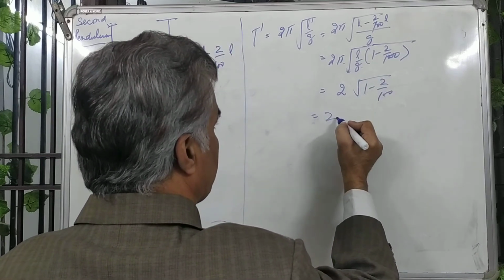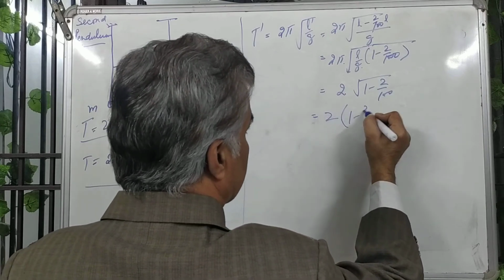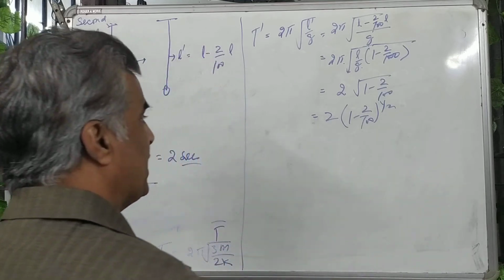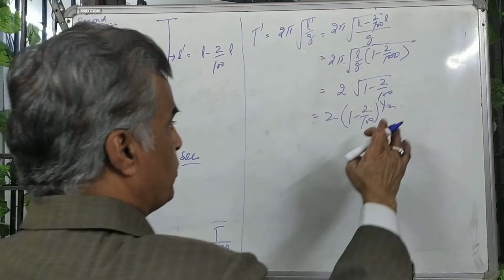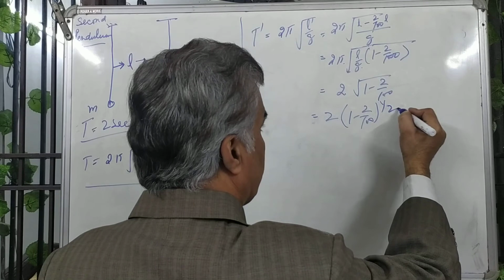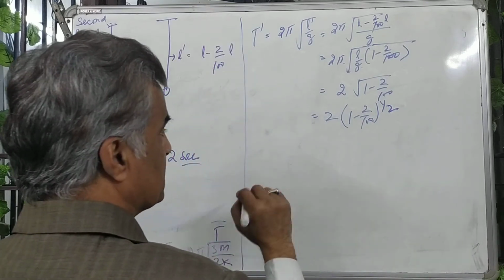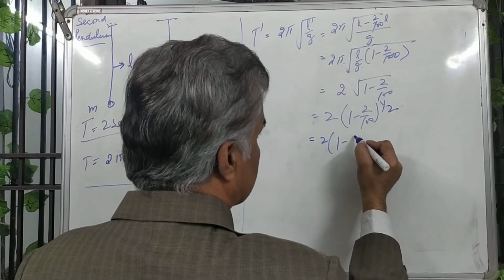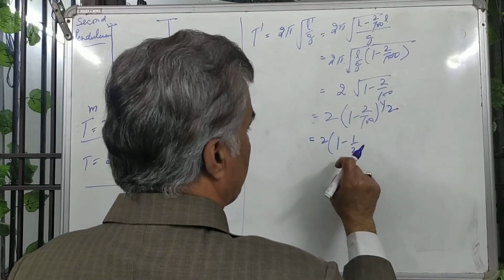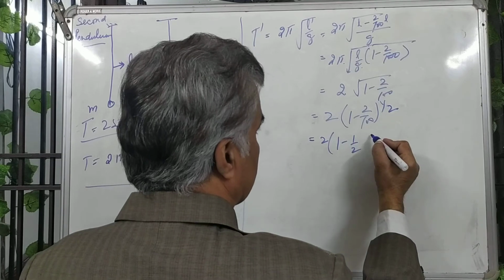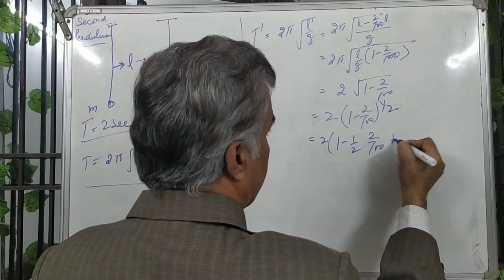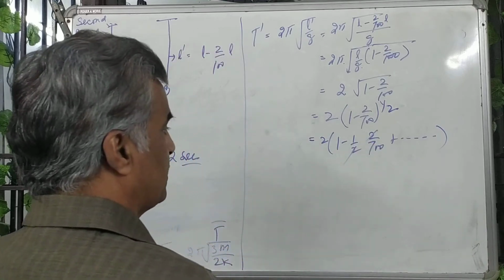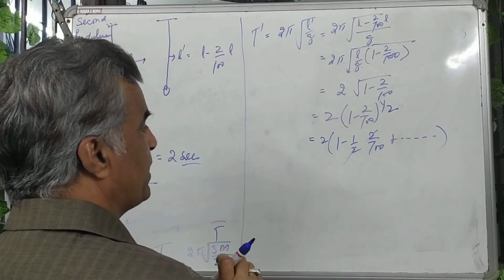Further, you may simplify this as 1 minus 2 upon 100 to the power half. You may apply the binomial theorem. The power is half. According to the binomial theorem, this is 2 and 1 minus nx, n is 1 upon 2, x is 2 upon 100, and higher terms are neglected. 2 and 2 cancel. This is 1 minus 1 upon 100.